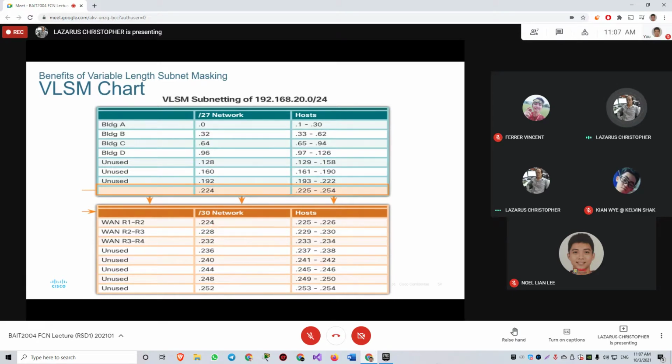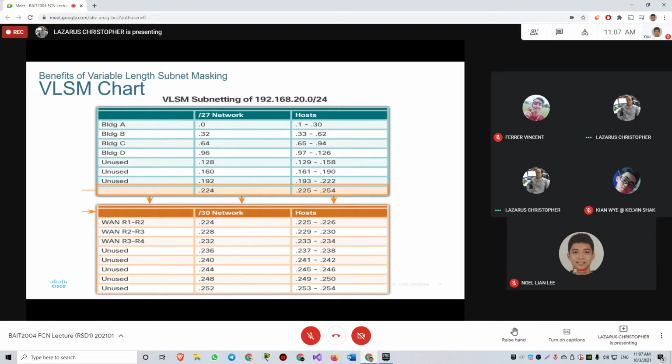The 2 usable hosts will be 225, one after 224, and then 226. After 226 is 227, which is the broadcast address, and then the next network address is the next subnet. A /30 will give you only 2 usable addresses; 4 host addresses, 2 usable.